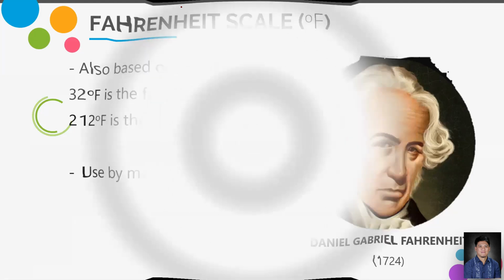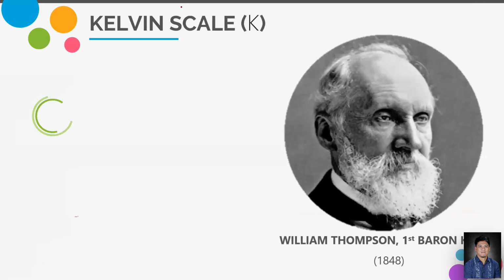The third scale is the Kelvin scale, which was developed by Sir William Thomson, also known as the first Baron Kelvin, in 1848.